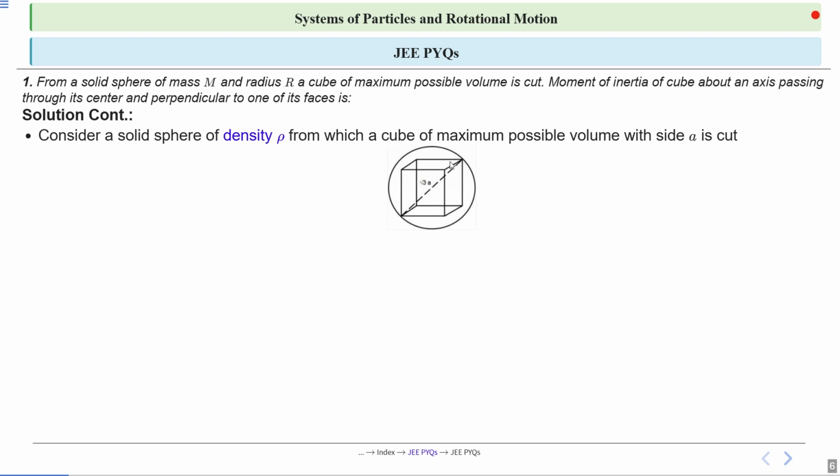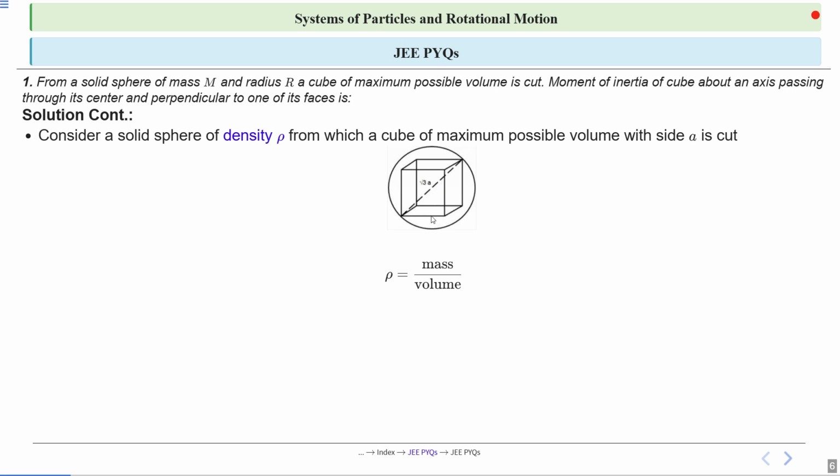Look here, we have a solid sphere and we also have a cube, and the side of the cube is a. Now this cube is the maximum possible volume cube inside the solid sphere.